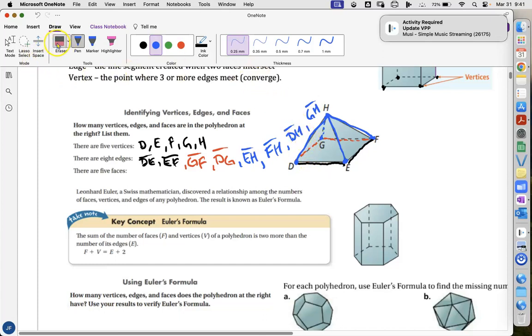The faces, I'm not going to write them all out, but for each face, we'll highlight, we have this triangle HEF as one face.